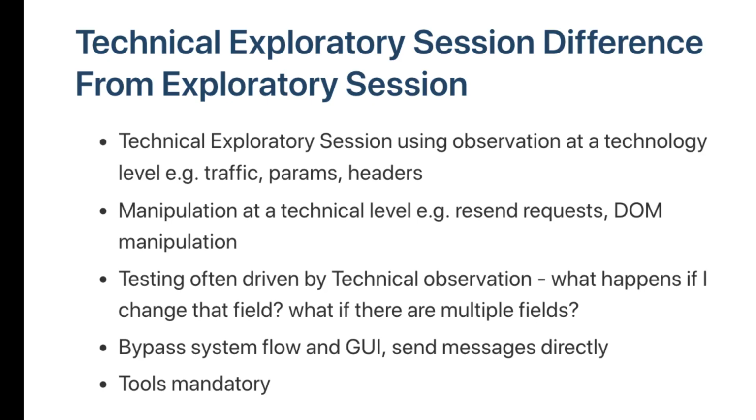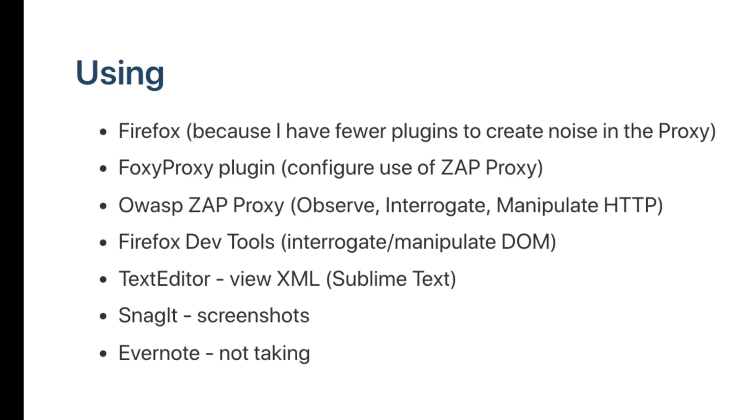I could do exploratory sessions in the GUI without much tooling, but for a technical exploratory session, I absolutely have to have tooling. So the tools I'm using are Firefox. I don't often use Firefox, but I do use Firefox when I'm working with proxies because I have fewer plugins. So it's easier for me to configure through a proxy.